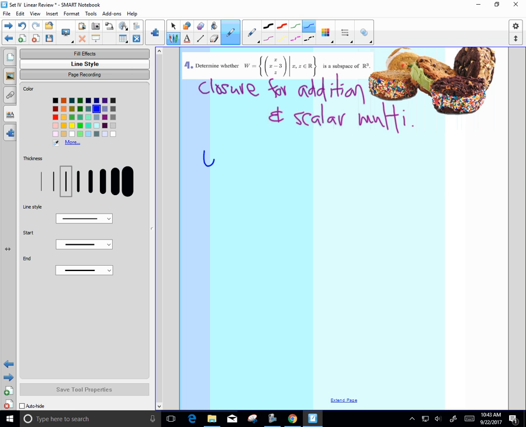So we're going to let vector u be equal to, and then we just use these, u1, minus 3, and u3. And then they said, because z is different than x, then v is equal to v1, minus 3, v3.